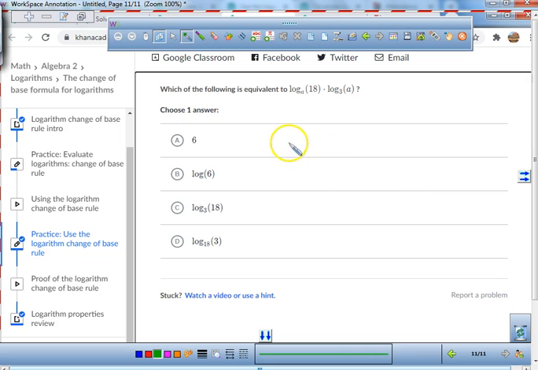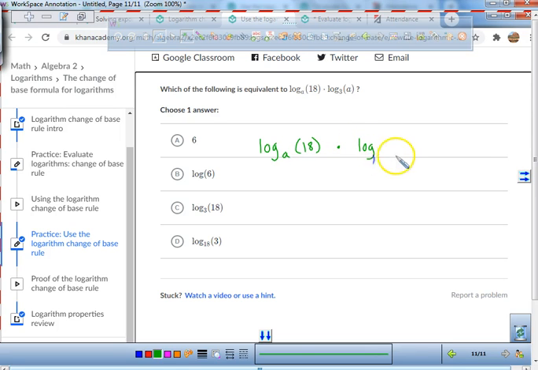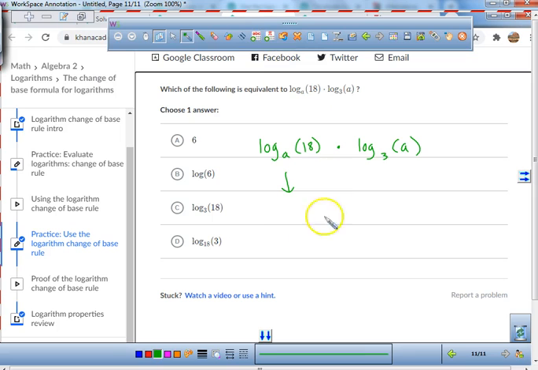Okay, so right now, we're going to write log base a of 18 times log base 3 of a, just like that. So write it down. All right, let's check it out. What's going to go in the old numerator, everybody?